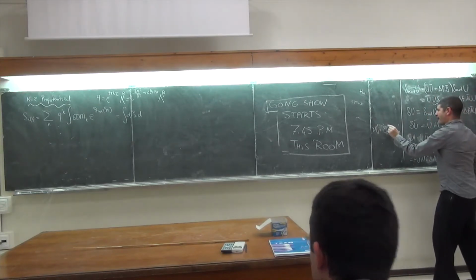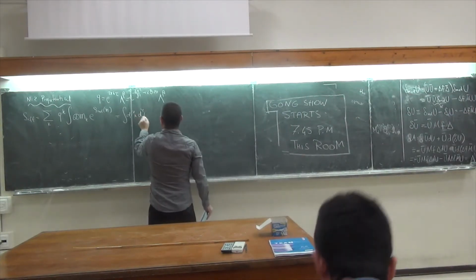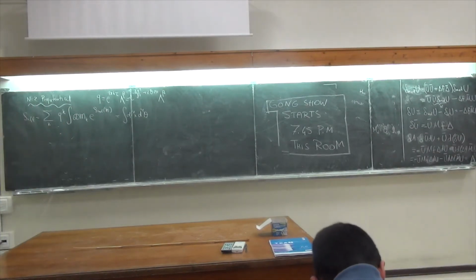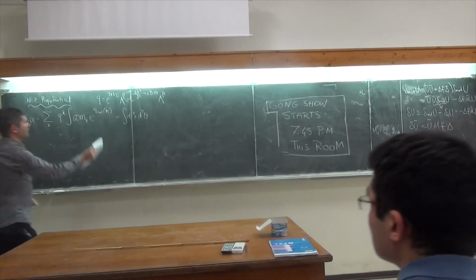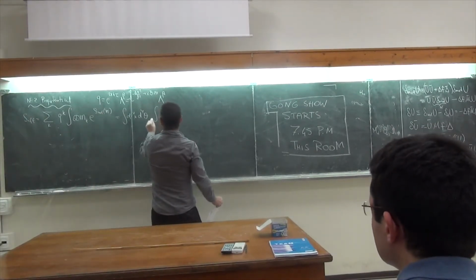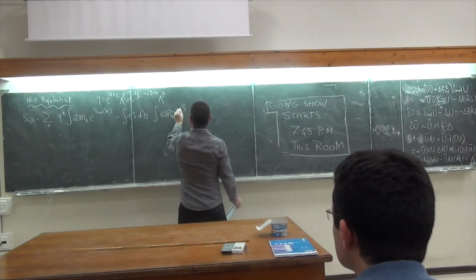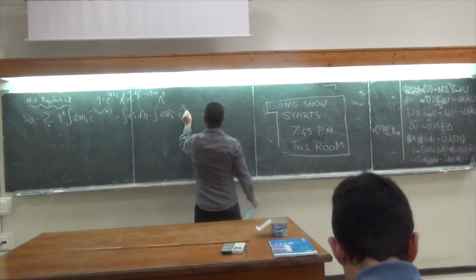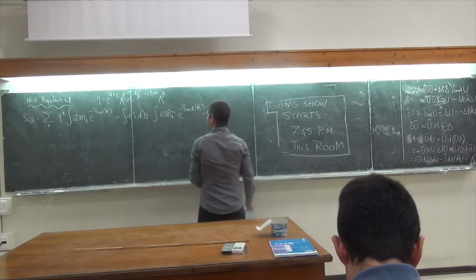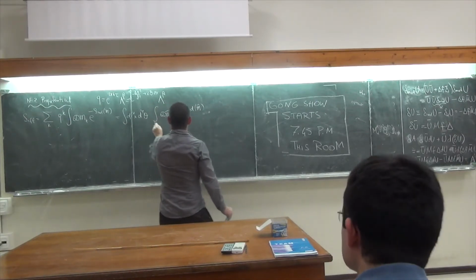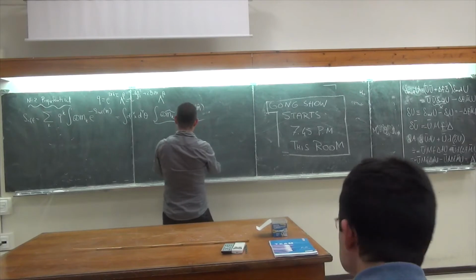Therefore, I have here a d4 theta, and then I have all the rest. All this stuff I will call prepotential.